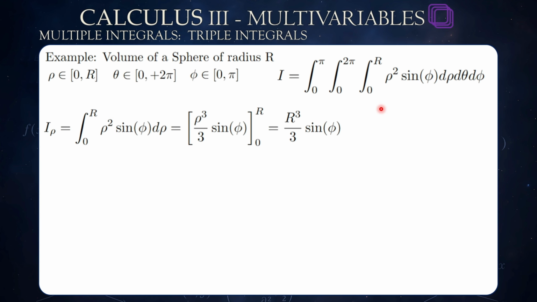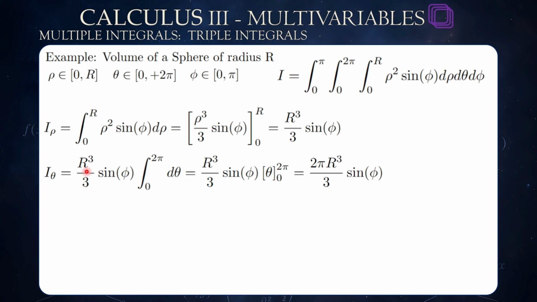Then let's at first evaluate with respect to ρ. The integral from 0 to r of ρ² sine φ dρ equals ρ³/3 sine φ between r and 0, equal to r³ divided by 3 sine φ.